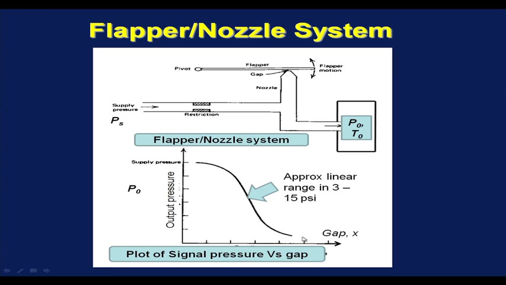So, it will become almost constant, but it has a linear part, which is this part, and it is approximately linear in the range of 3 to 15 psi. The flapper nozzle system has an important application in converting the current signal to a pressure signal.